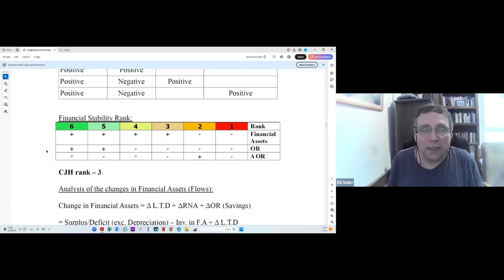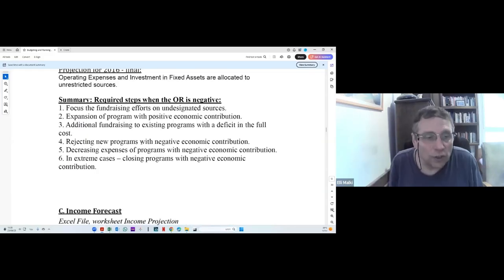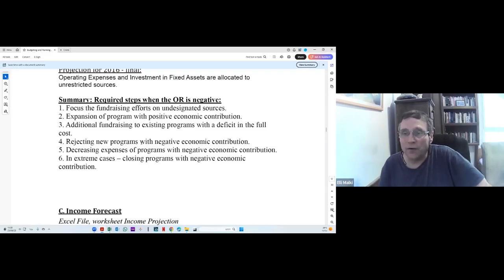Now, when we talk about financial strategy, what do we mean? Our social strategy is always to expand, or at least to keep the level of activities that we have. Social organizations want to expand to provide more services, more activities. At least they want to keep the level of the previous year.